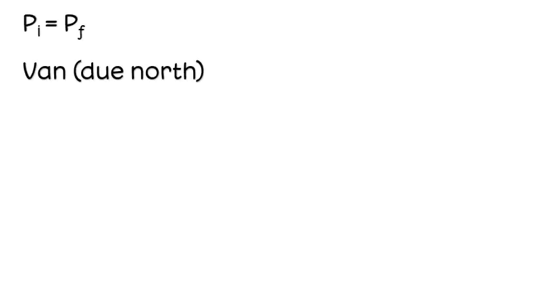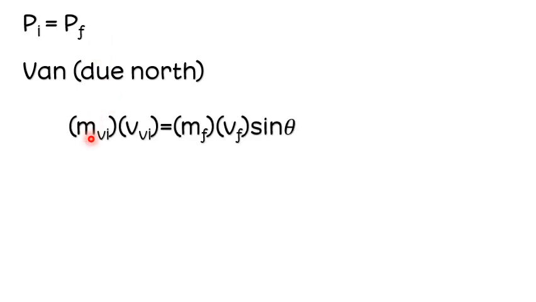For the van, again, same principle, law of conservation of momentum. Initial equals final momentum. The van is due north. Formula, initial mass, initial velocity must be equal to final mass, final velocity, sine theta. So we used sine because it is at the y-axis. So we will use sine for particles moving north or south.